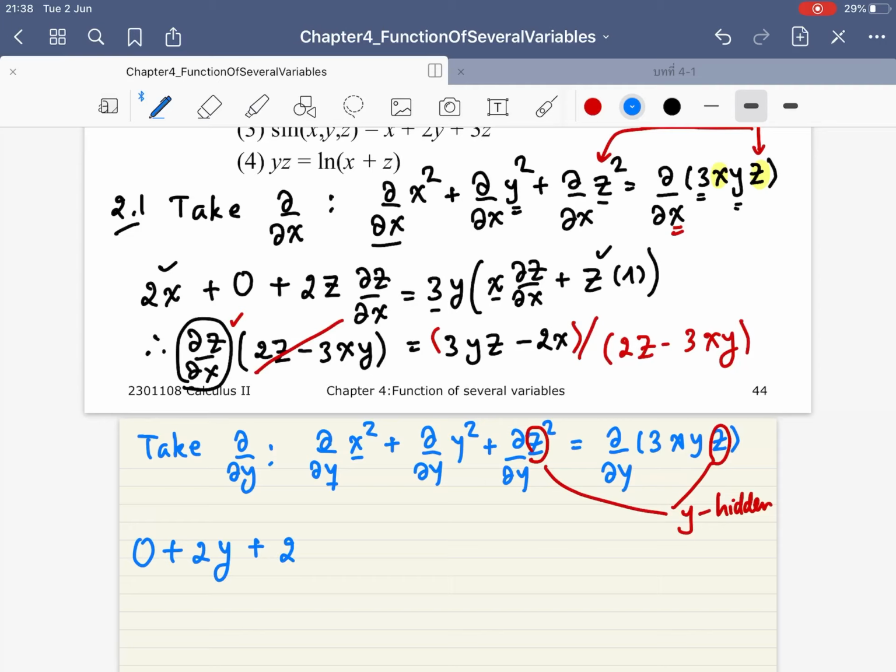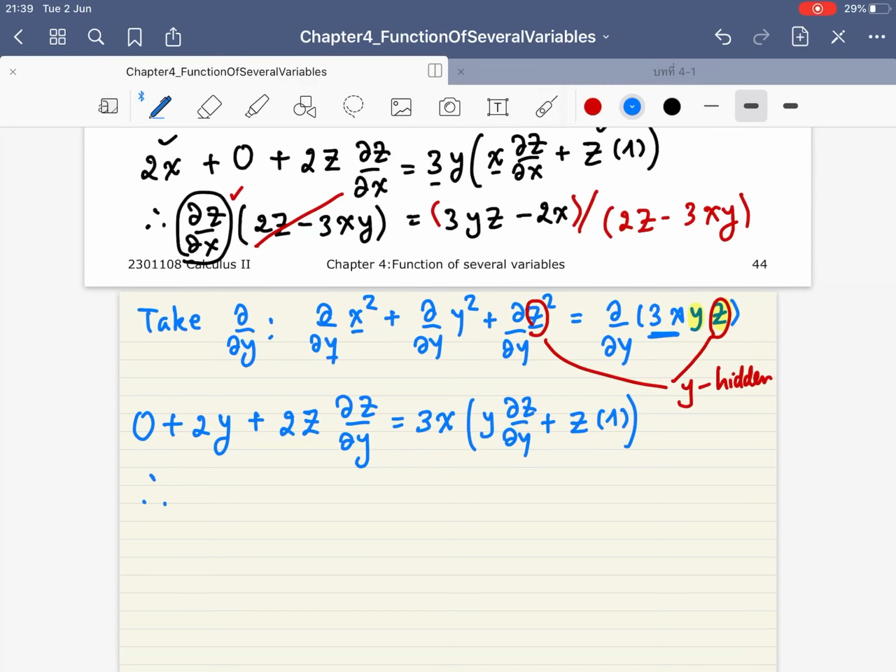The third one, because it is a z, you got dz, and then 2z dz by dy equals, your x is a constant, so you put it out, and then there is a y and a function of y, so you have the first derivative of the second plus the second derivative of the first, and then you combine the terms, so dz by dy with 2z minus 3xy, and equals to z minus 2y.